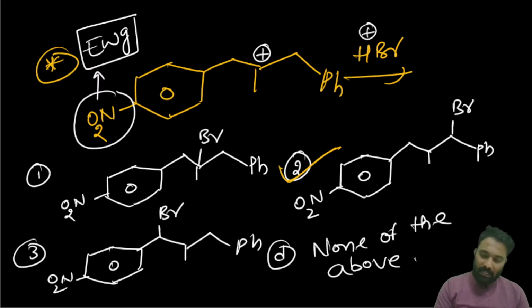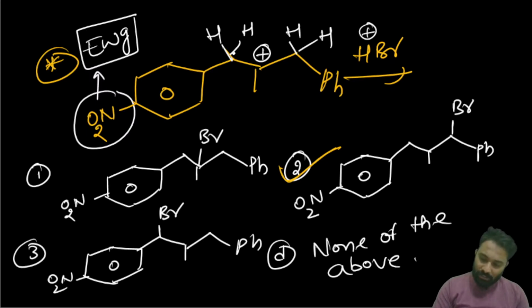Now the carbocation it has generated, still we can make a more stable carbocation. If suppose here we have hydrides, and in the same way here also we have hydrides. In both cases we have hydrides.